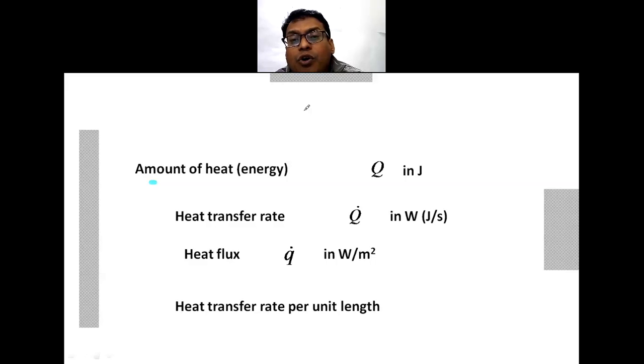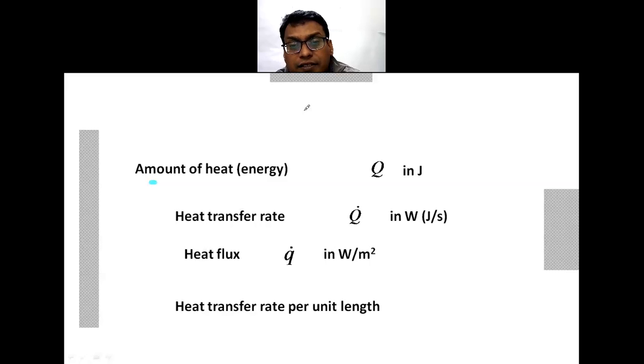The heat transfer rate is the amount of heat transfer per unit time, that is Q upon t, which is equal to Q dot. Q dot has the units watts, and watts is nothing but joules per second.